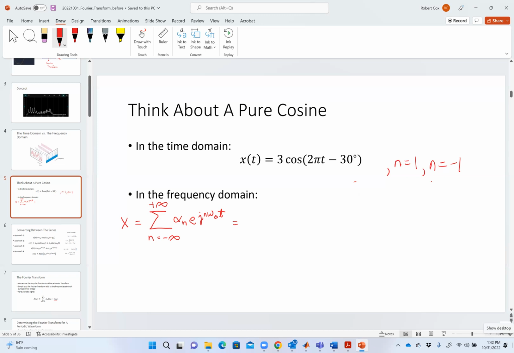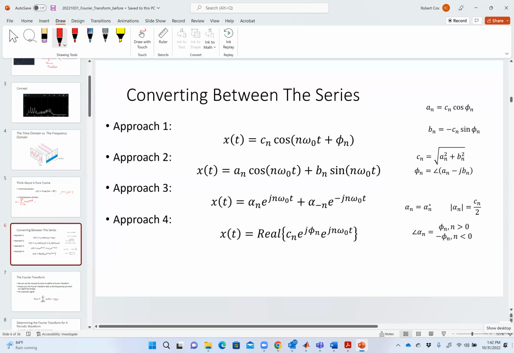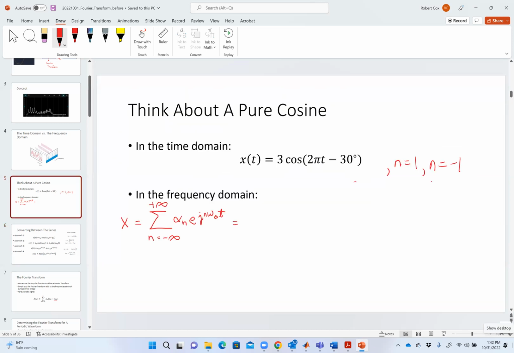There's a set of formulas I could go to, but I should be able to look at this single cosine and use Euler's identity. So it would be 3 over 2 times e to the what?